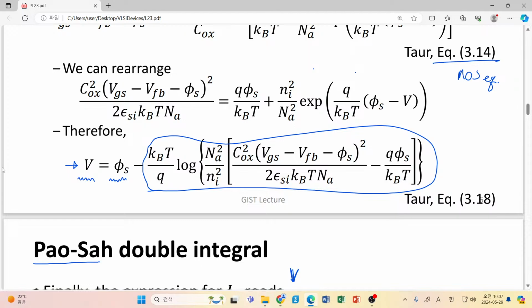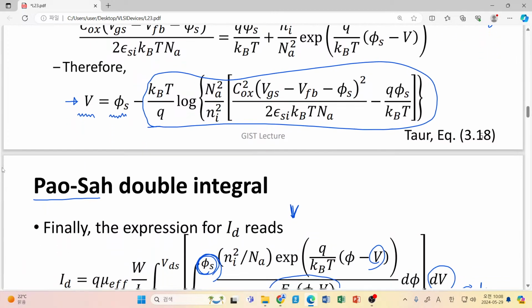So we wanted to stop here because that seems to be quite complicated, but please wait for a while. So the lesson of this equation 3.18 is our electron quasi-Fermi potential V is linearly proportional to just phi s, and we have some dirty term. So how can we treat this second term? That will be the remaining task.